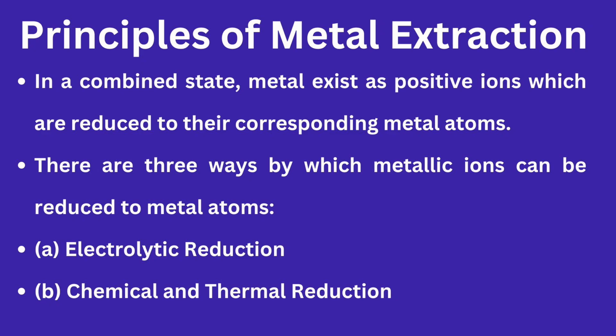Okay, so in a combined state, metals exist as positive ions which are reduced to their corresponding metal atoms. So now, in a combined state, for instance, if you have a compound like sodium chloride, that's a combined state. If you have two elements that combine together to form a compound, that compound is a combined state. Now, in a combined state, metals are in positive ion form.